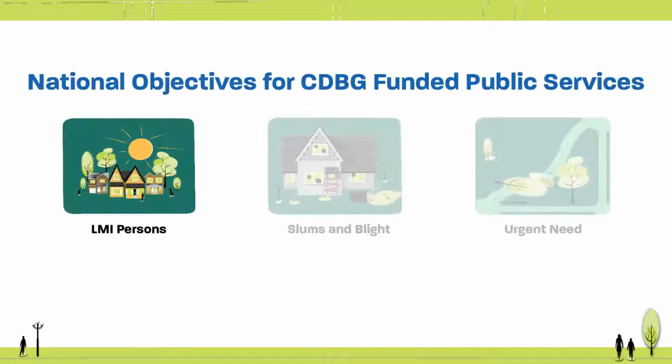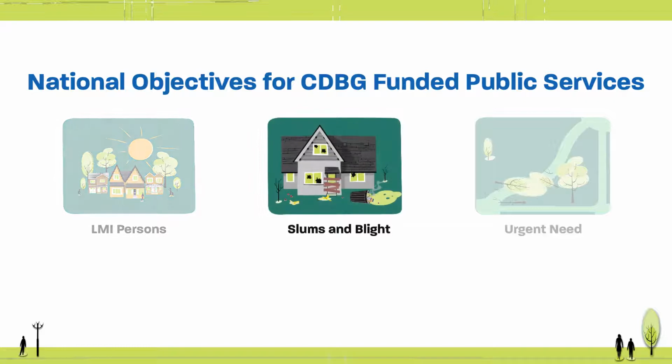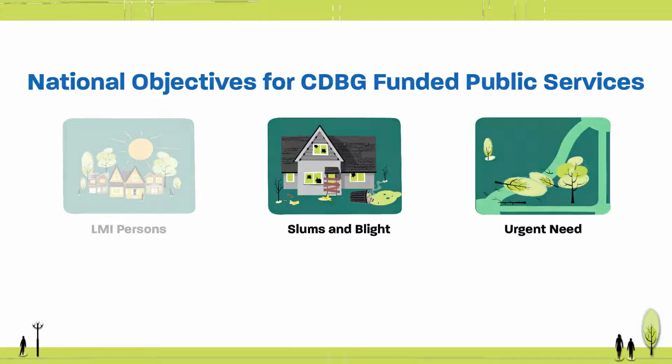While most public service activities meet the national objective of benefit to low and moderate income people using either area benefit or limited clientele, some activities can meet other national objectives, including elimination of slums and blight and urgent need.